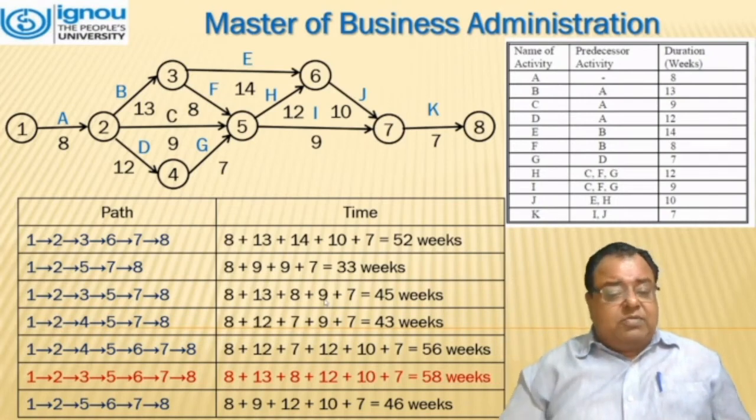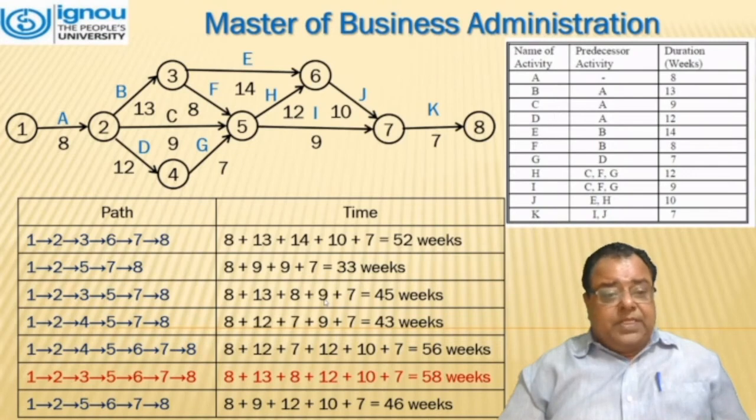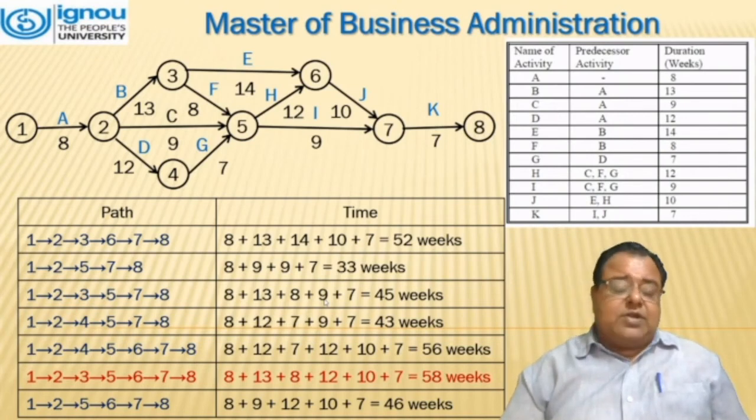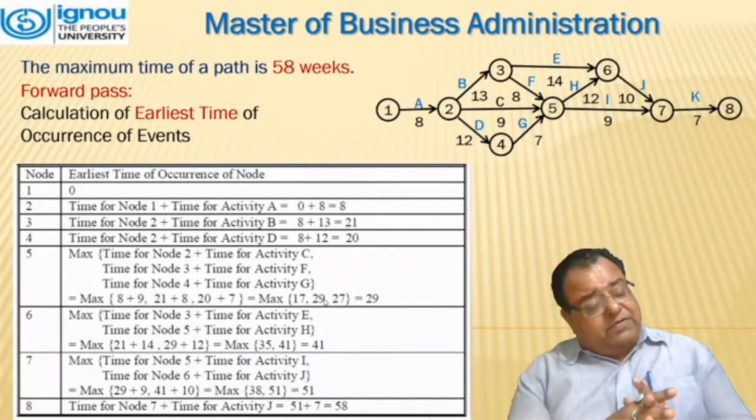For that, it comes out to be 56 weeks. The next one is 1, 2, 3, 5, 6, 7, 8. For that, it comes out to be 58 weeks. And the last one is 1, 2, 5, 6, 7, 8, for which it comes out to be 46 weeks. The maximum time of the path is 58 weeks.